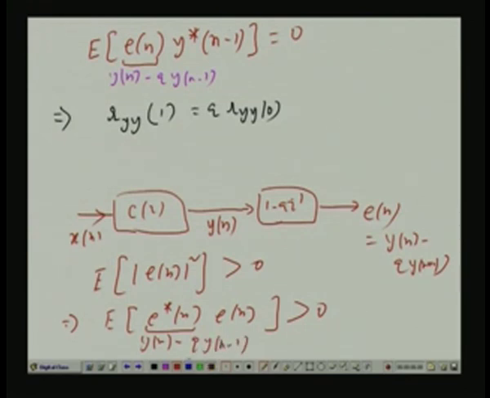This makes it simpler. So, y star n, another term, the second term, is y n minus 1 star E n, that is related to the correlation between E n and y n minus 1, just the conjugate of that. So, that is 0. E of E n y star n minus 1 equal to 0 means E of E star n y n minus 1, that is also 0, just conjugate. So, the second term amounts to that.